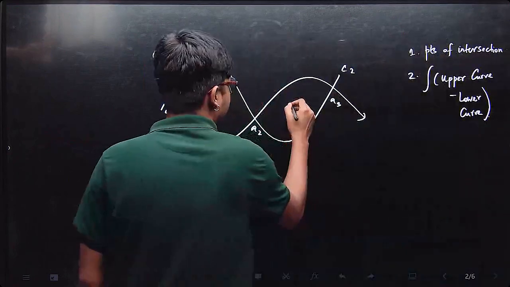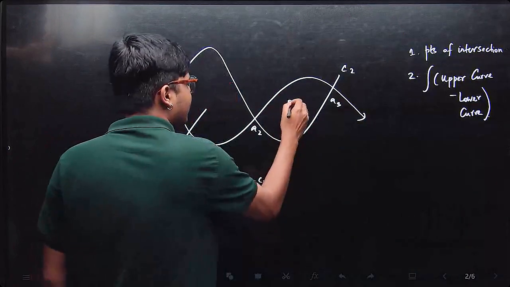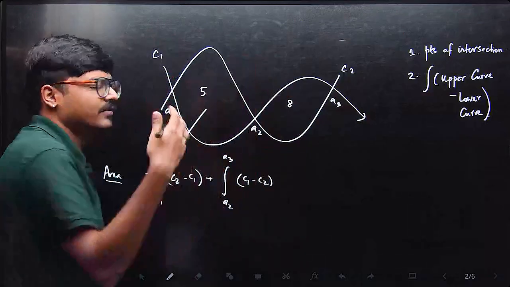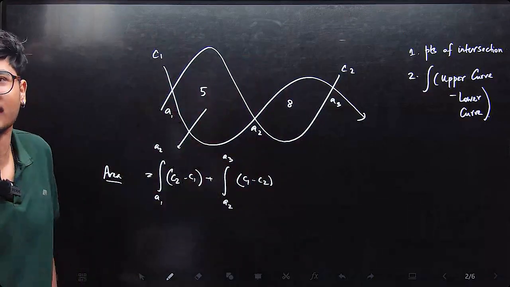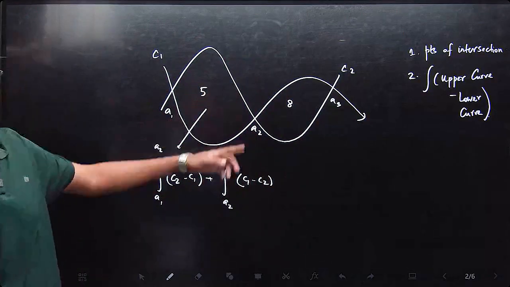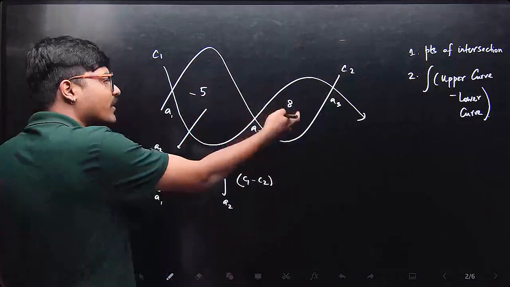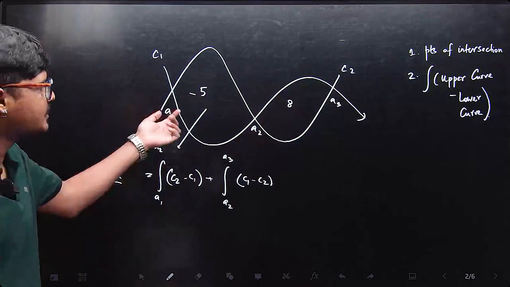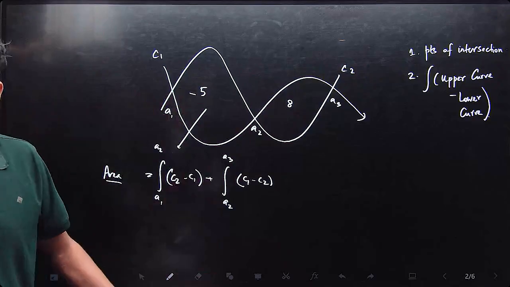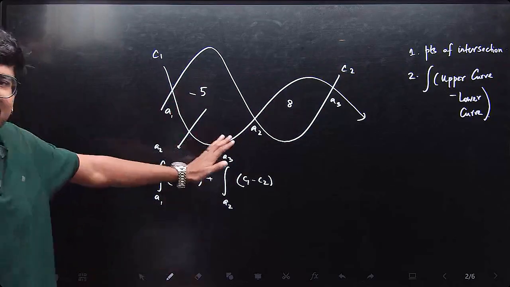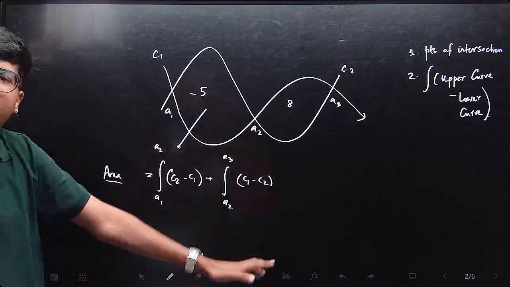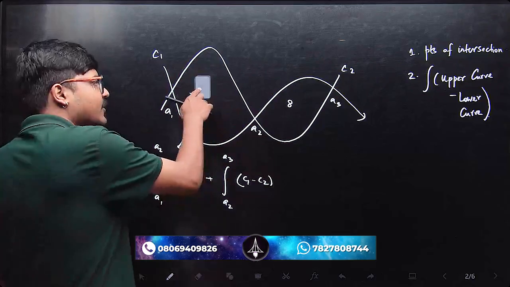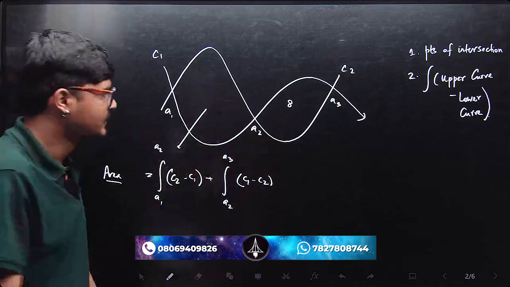Suppose the area over here is plus 8, and the area over here is supposed to be 5. The overall geometric area, okay? And suppose instead of 5, you get minus 5. You'll get the overall answer as something positive, right? It's 3, but that's actually wrong, right? Because the actual answer should have been 13. You understand my point? So in questions like this, if you mess up in one of the regions, your overall answer will become wrong, okay? You won't have that option of just changing the sign. Cool?